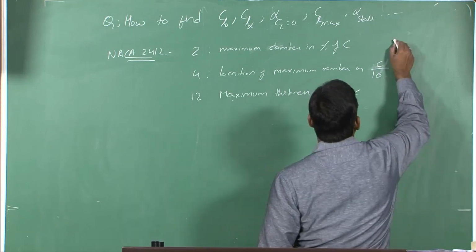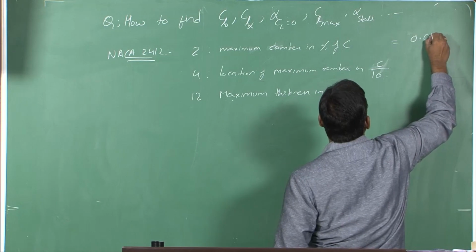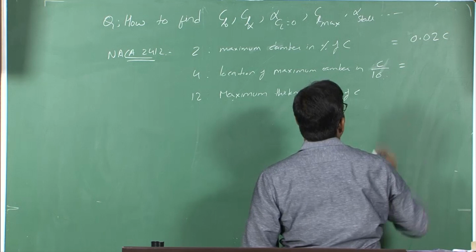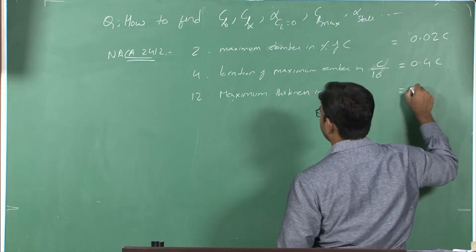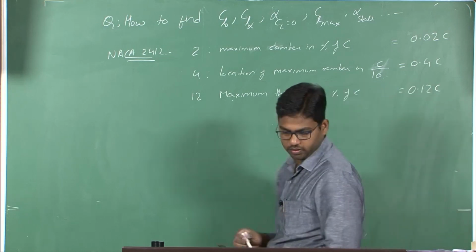So the maximum camber is 0.02 C for this particular aerofoil, the corresponding location is 0.4 C, and the maximum thickness is 0.12 C, which is 12% here.